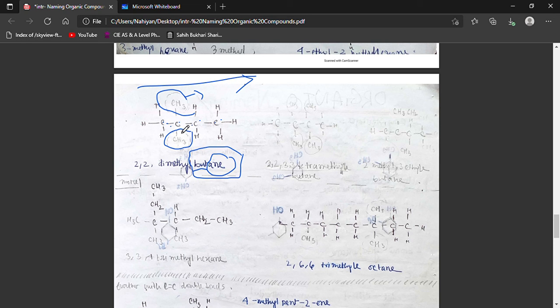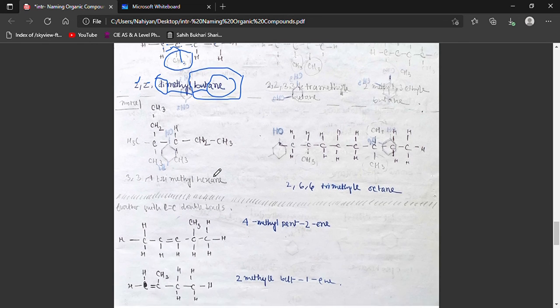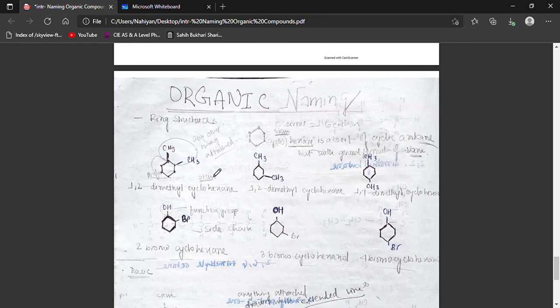This is the first carbon, this is the second carbon. So it's 2-methyl, and again this way also, 2-methyl. So we have 2,2, and as we have 2 methyl, we have dimethyl butane. So that's how easy it is to name a compound.